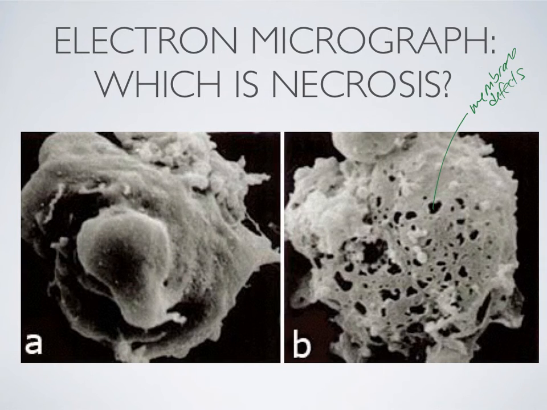It looks like it's shrunken on the right side, and it's not as swollen as the left side is. Right. So the one in A doesn't look as swollen as the one in B. So this one is actually starting to condense down, and if they look roughly the same size to me, that's probably because a lot of the cytoplasmic contents have leaked out.